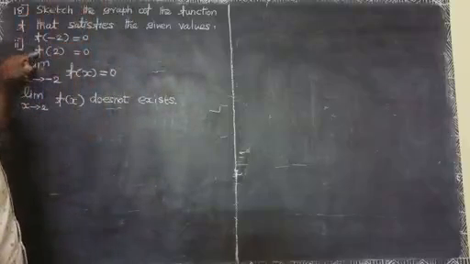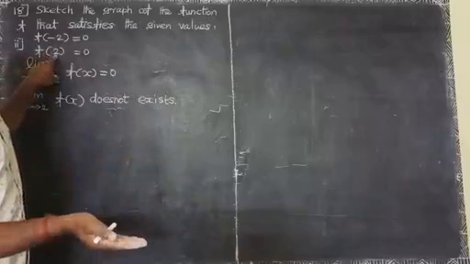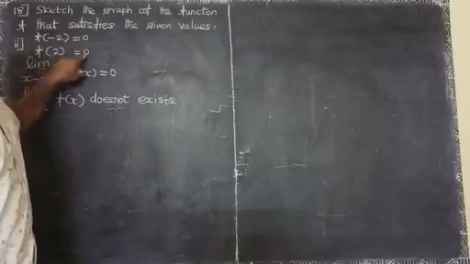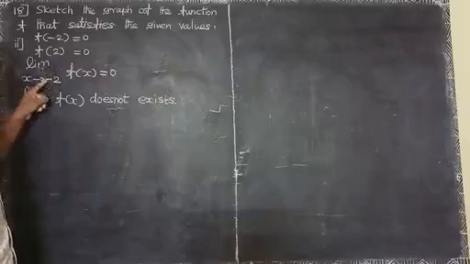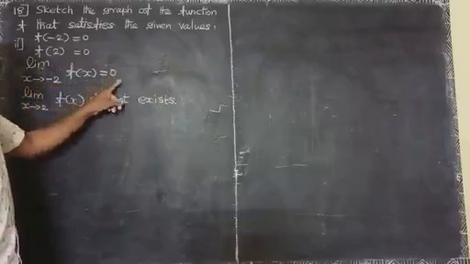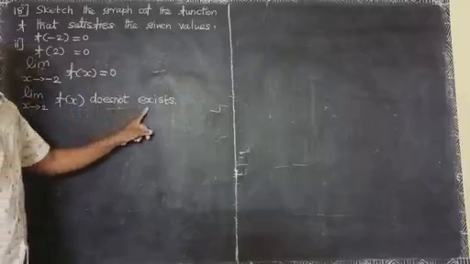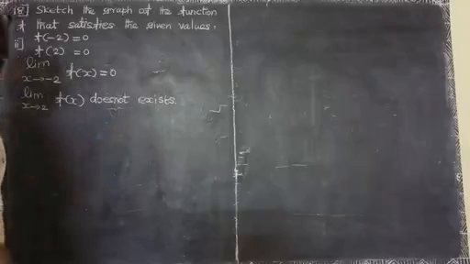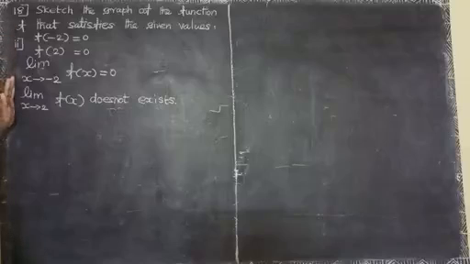In the next one, x approaches 2, then y approaches 0. Limit as x approaches minus 2 of f of x equal to 0. Limit as x approaches 2 of f of x does not exist. This is the given data. Using these data, draw the curve.